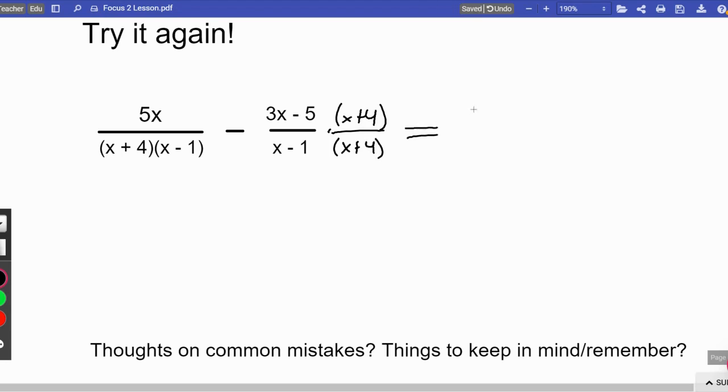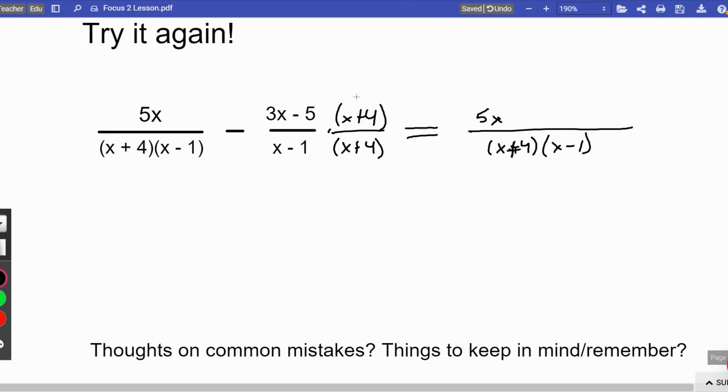We would have on the bottom x plus 4 and x minus 1. On the tops, I'll put the 5x right now, but I'm going to have to do something with the rest of this stuff.